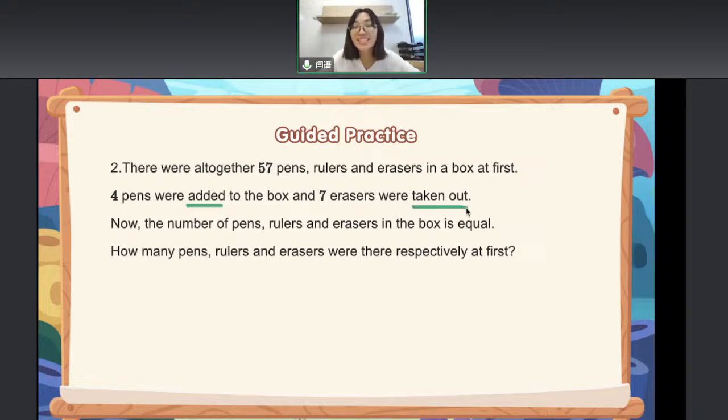Pay attention, taken out. Now, the number of pens, rulers, and erasers in the box is equal. How many pens, rulers, and erasers were there respectively at first? Now, everyone, also please take out your pencils, try to underline all the keywords on your book.